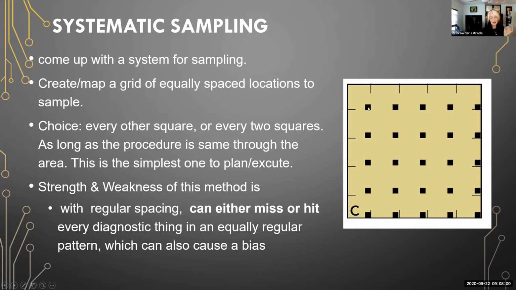But in this one, with regular spacing, if let's say, for instance, you are sampling in these boxes, but the street in this particular location goes straight down this way, you could miss it entirely and have no idea it was there. I might have mentioned a couple of weeks back, I worked on a project where they did that. We did 100 meters long on this systematic sampling grid, and we missed every single building and the whole downtown of this mining town.